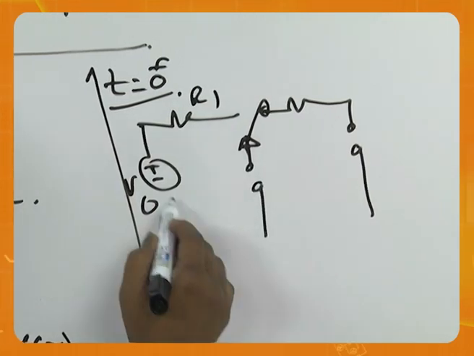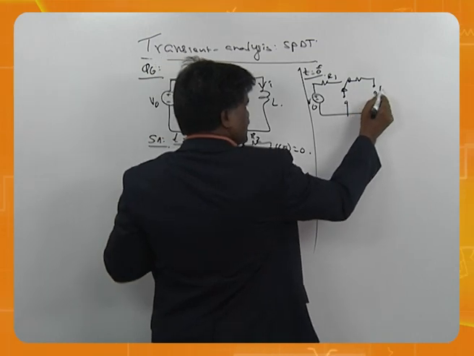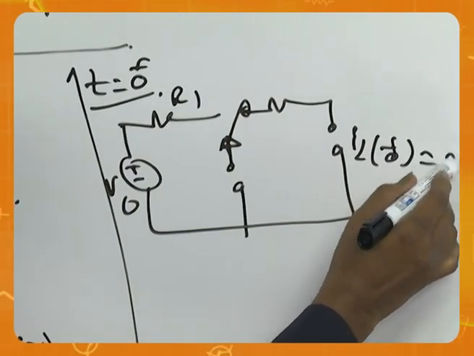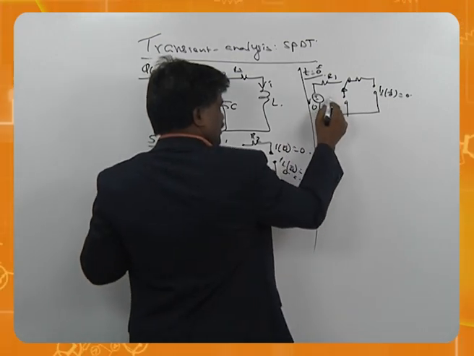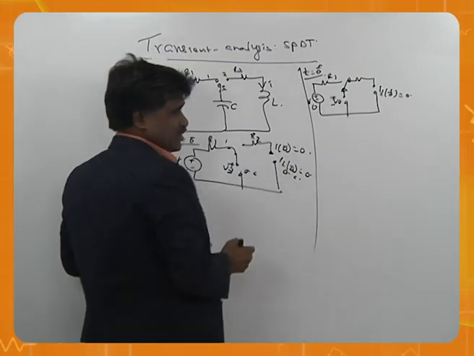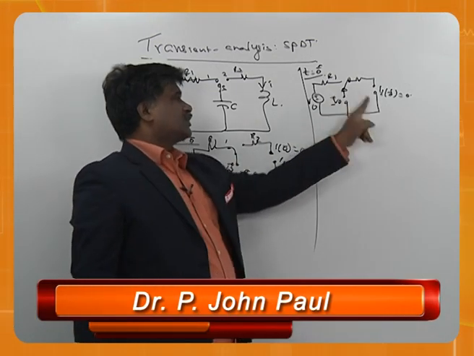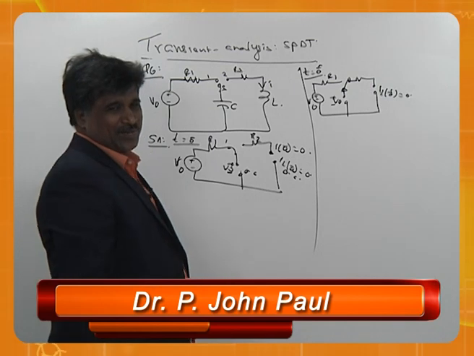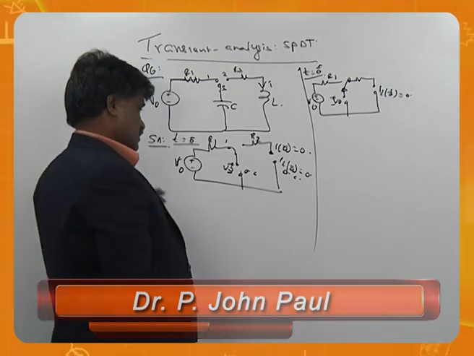What will happen to the inductor and capacitor? For the inductor, the current cannot change. For the capacitor also, the voltage across the capacitor cannot change. Now what will happen? Suppose both are capacitors.